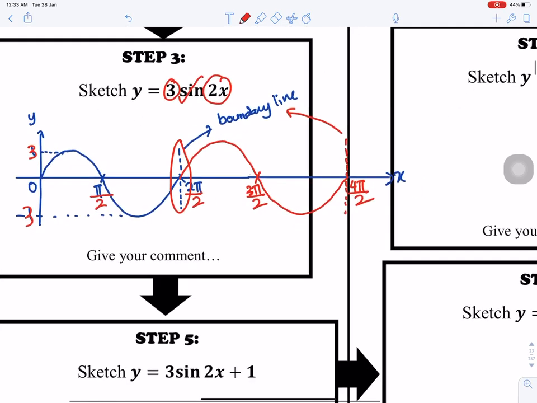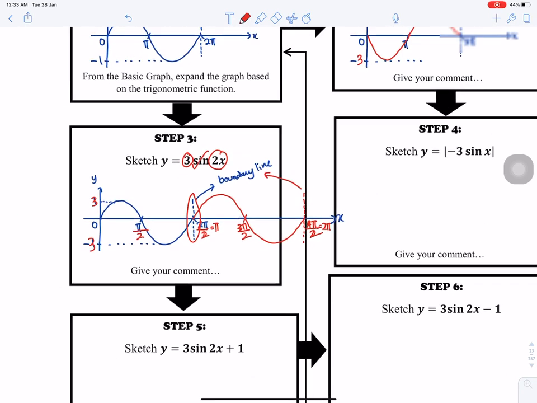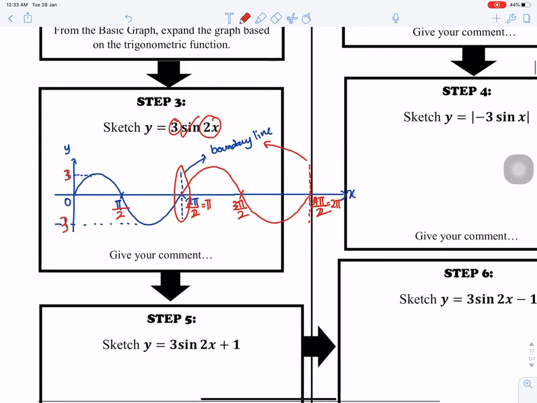So you will get pi over 2, second one pi, 3 pi over 2, and the last one is 2 pi. So now we have completed the sketch of 3 sine 2x.